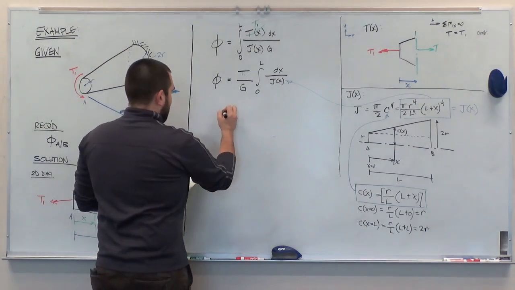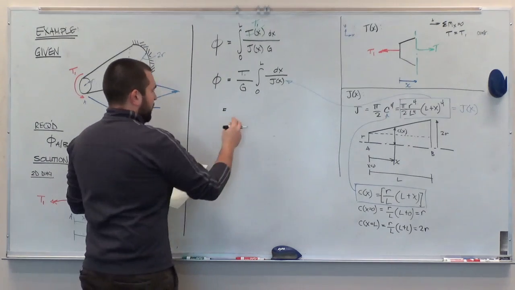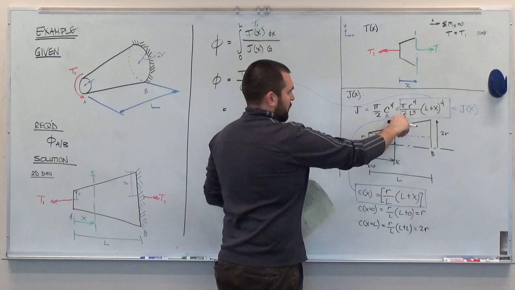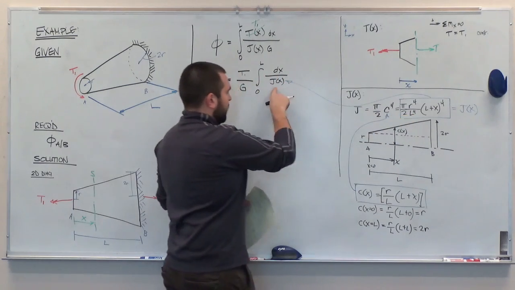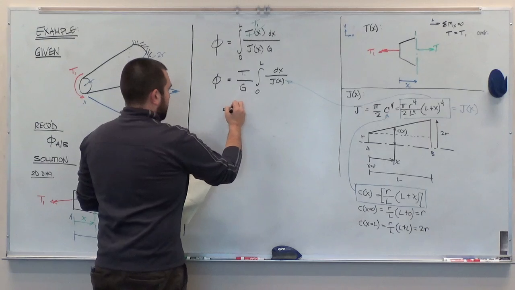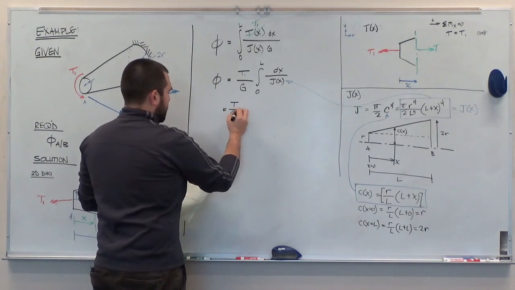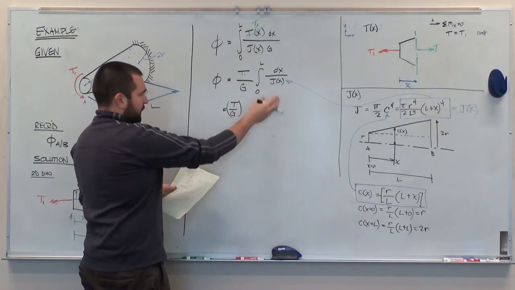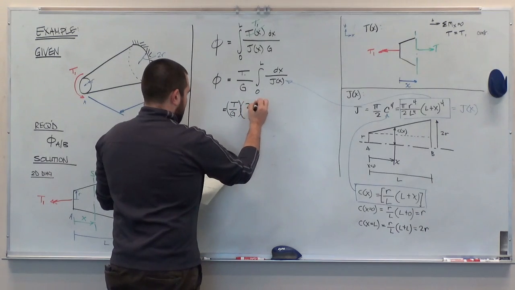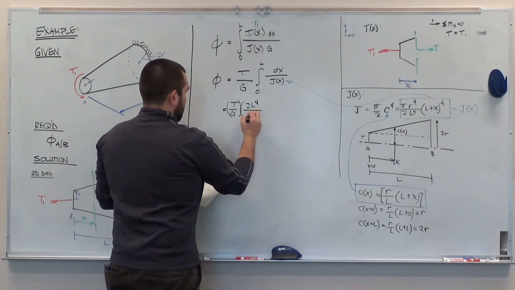So I'm going to simplify this a little bit. I'm going to take out this pi r to the 4th over 2L to the 4th. That's going to be the denominator, so I can take it out, flip it over, and it simplifies a little bit to T over G as a constant outside of the integral times the value 2L to the 4th divided by pi r to the 4th.